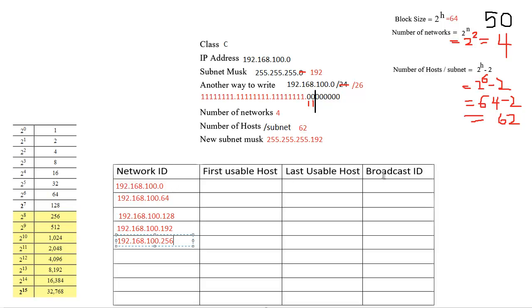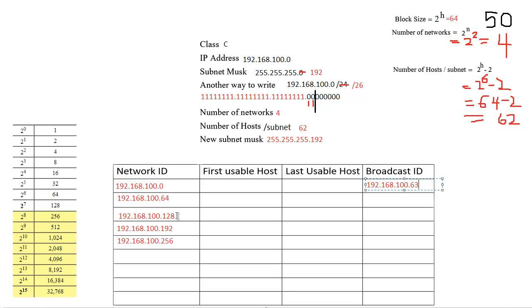Now, what is our broadcast ID? The broadcast ID is just before the next network ID. So for this network, our broadcast will be just before the next network. This is 64, so our broadcast will be 63. And the broadcast ID for this network will be just before the next network ID.